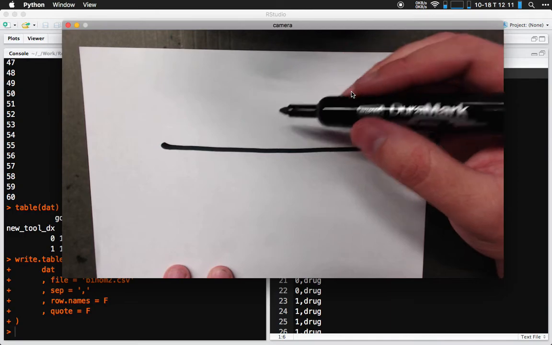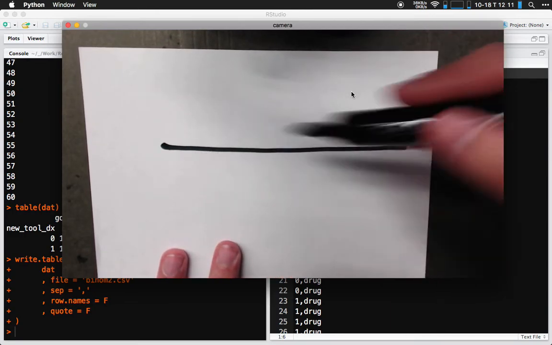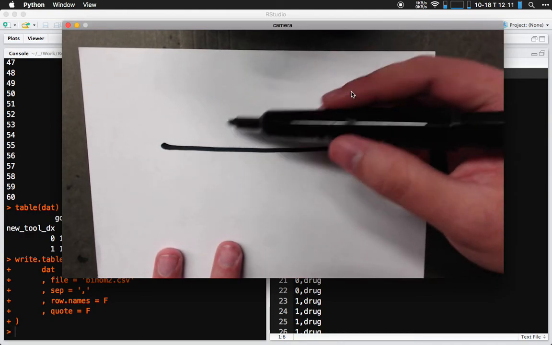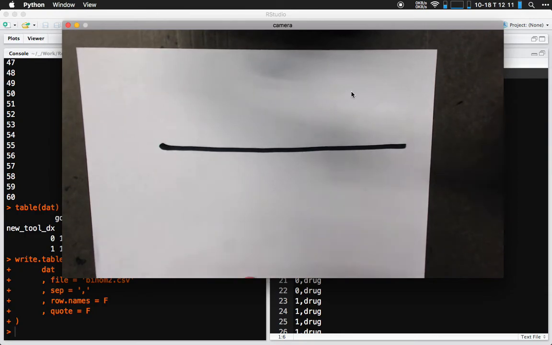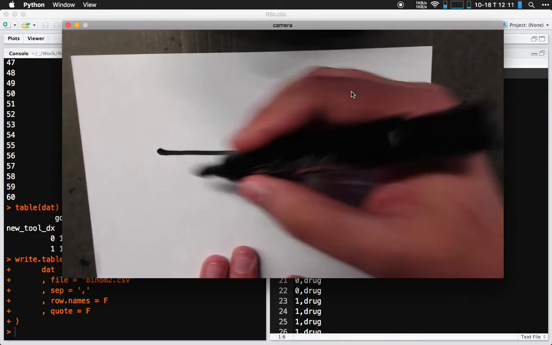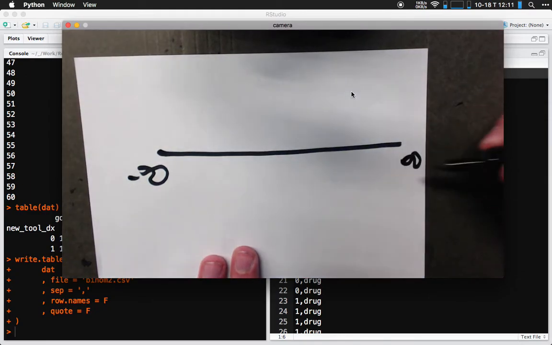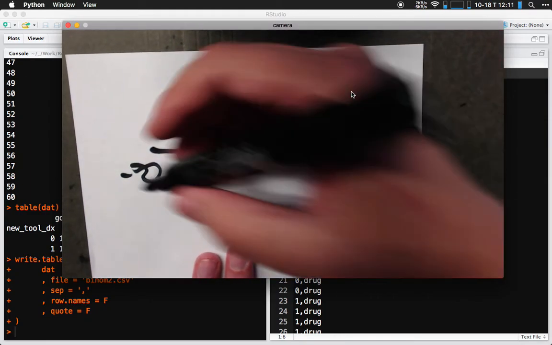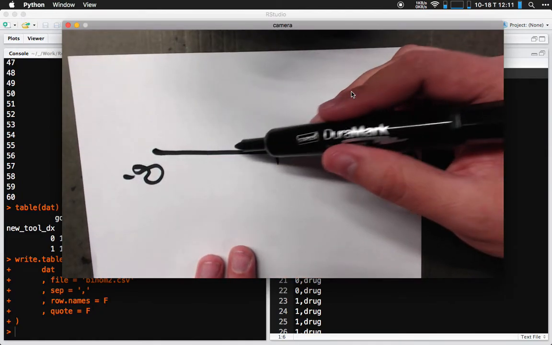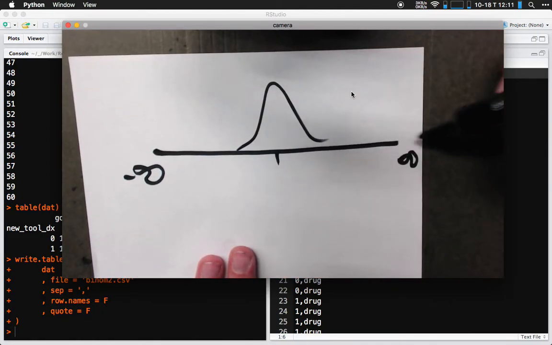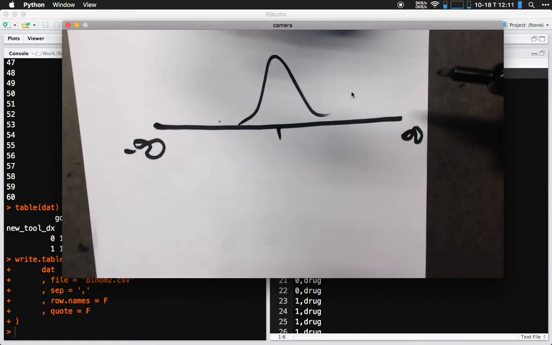Ultimately, it would be nice to get to a scale where we can start talking about normal distributions, because we're used to thinking about normal distributions. The normal distribution is usually defined on the negative infinity to positive infinity scale with some distribution.